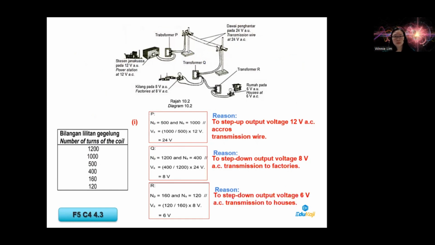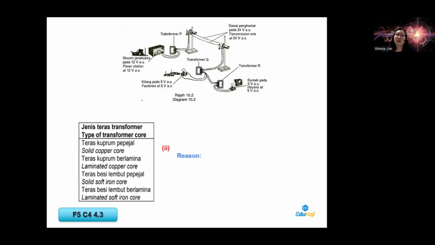Oh, so you used 160 and 120. Oh, sorry, I used the wrong value just now. It's supposed to be from 8 to 6, 8 to 6. No wonder I could not find the answer just now. Okay, yeah. So this is the calculation, 1 mark, and then for the reason you have to be specific, step up or step down. Okay, so you get 6 marks on that already.